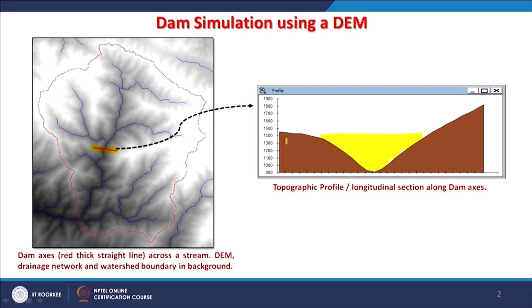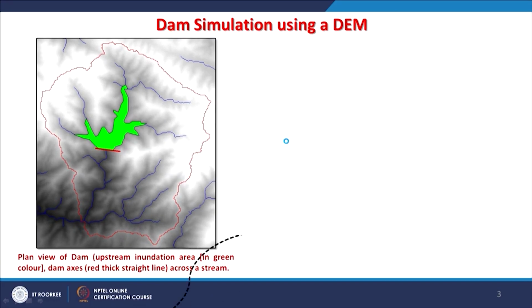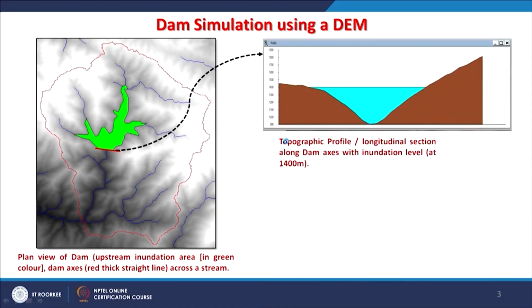By looking at this topographic profile, I can fill with water. Like here, once I choose that I want the water level of this meter, that is 1400 meter in this case, this is going to be the inundated area in the upstream. Now, the reservoir has been simulated very easily.